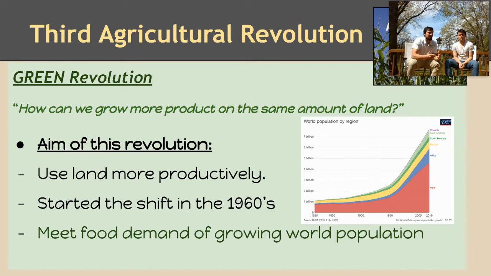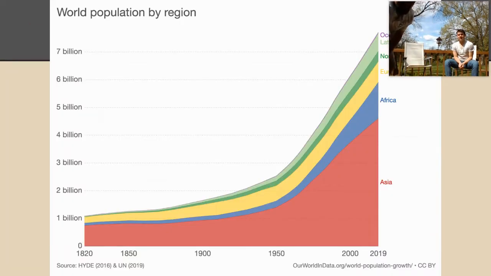All right. Now, Matt, why did we all of a sudden need more food on the same amount of land? Well, as Tom mentioned, that graph there, which was on the right in the previous slide, if we blow that up, pay close attention to what's on the bottom of the graph there. You can see going from left to right at the bottom of the graph, we have years. Now on the y-axis going up and down, we start at 1 billion up to 7 billion people.